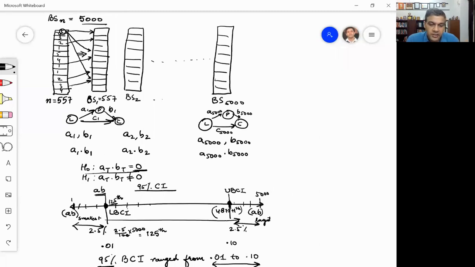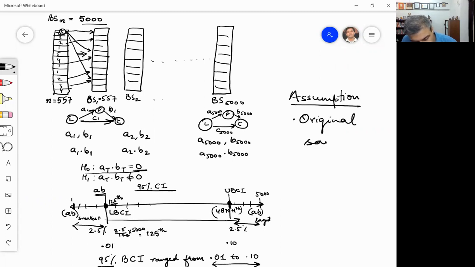The only assumption in bootstrapping here is that your original sample is good, because it is going to consider that as the golden sample, and from that it is going to create 5,000 samples, perform the analysis on them and then compute, right?